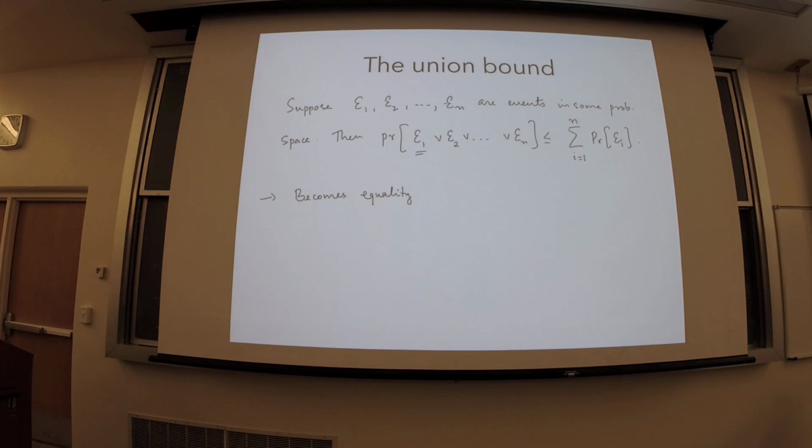E1 and E2, for example, should not co-occur at any time. That makes intuitive sense. Let's take the extreme case when E1 and E2 are the same. Whenever E1 happens, E2 also happens. Then the probability of E1 or E2 would be the same as the probability of E1, whereas the right hand side is 2 times the probability.